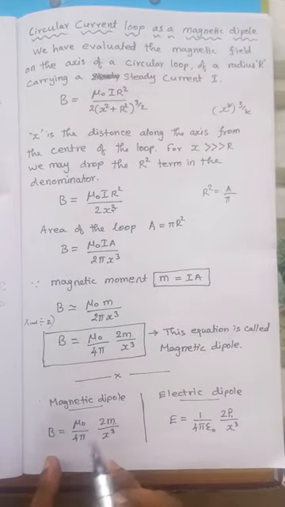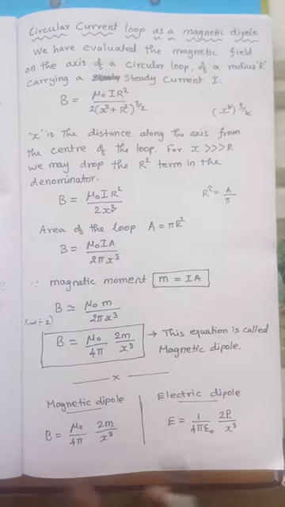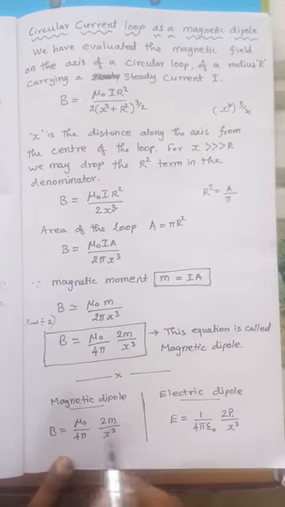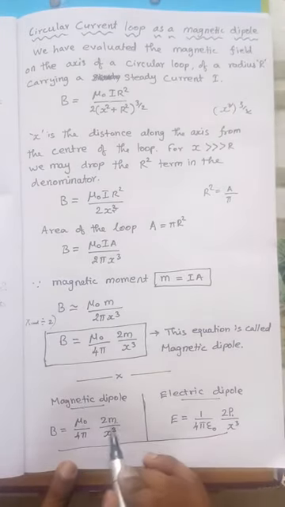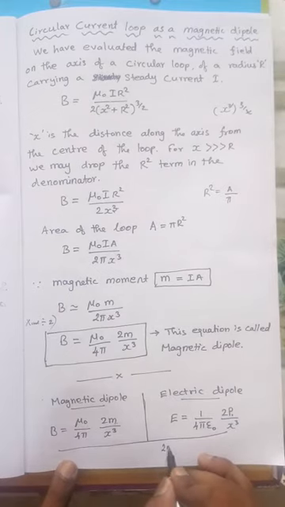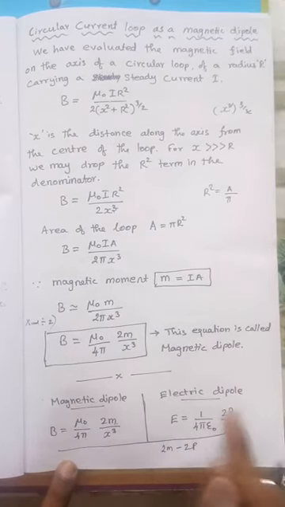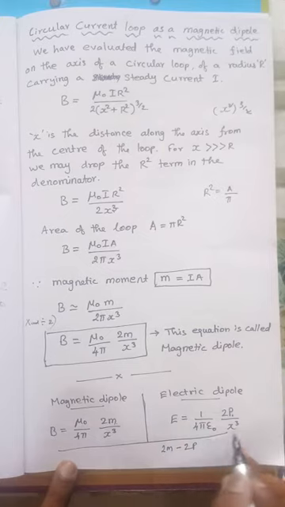Here the magnetic dipole. Compare these two equations. They are more or less similar. How? See here, mu naught, 2m; 2p is similar. Like that, x cube means distance.